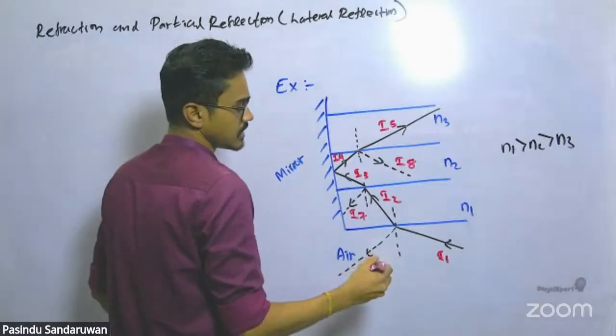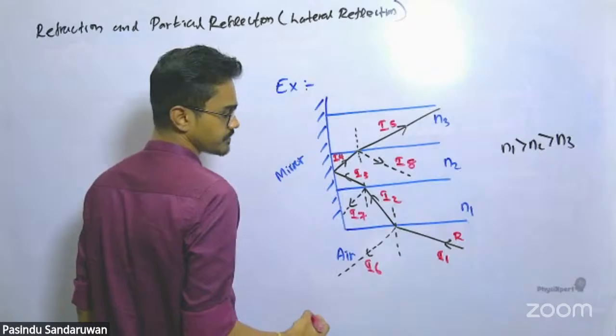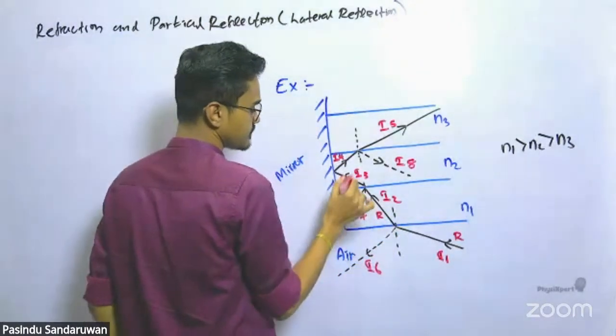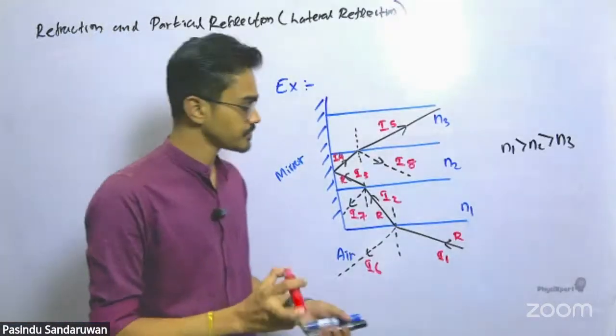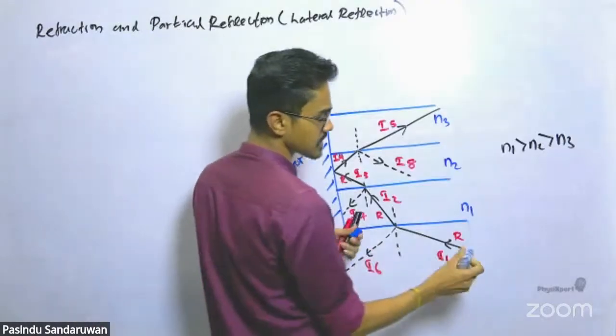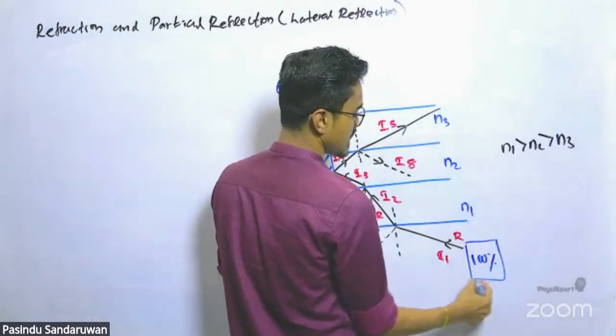Say this is a refraction. Now let's assume this intensity as 100% for the ease of doing this.